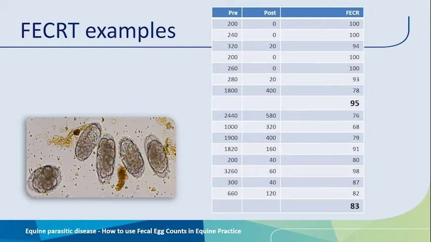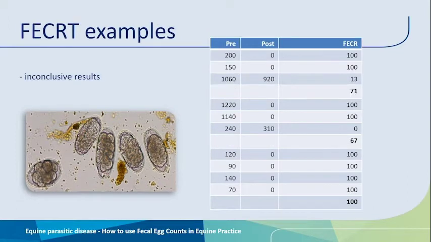And let's look at a few examples with less than 6 horses and some examples where interpretation is actually difficult. So here are some real life examples, 3, 3, and 4 horses on different farms. Look at the top one. 2 horses had low pre-treatment egg counts, but did reduce to 0, whereas the third horse had a high egg count and didn't reduce.